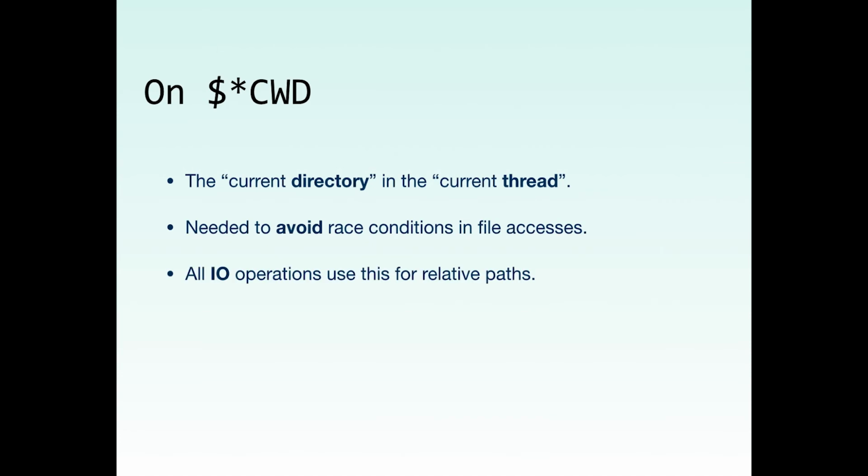$*CWD is the current directory in the current thread in Raku. It's needed to avoid race conditions on file accesses, and then it basically applies to all I/O operations used for relative paths. So if you want to change your current directory, it's as easy as changing that dynamic variable.